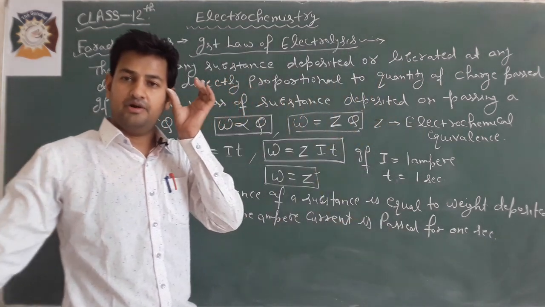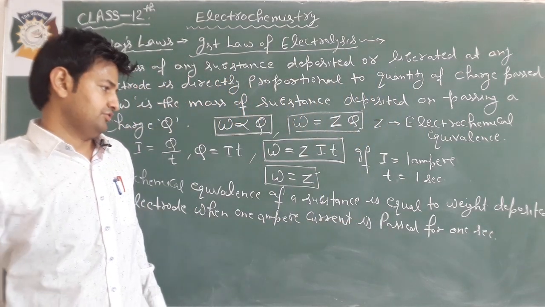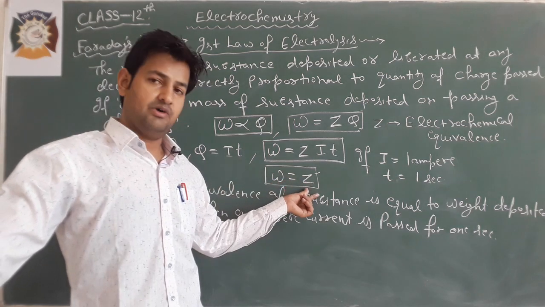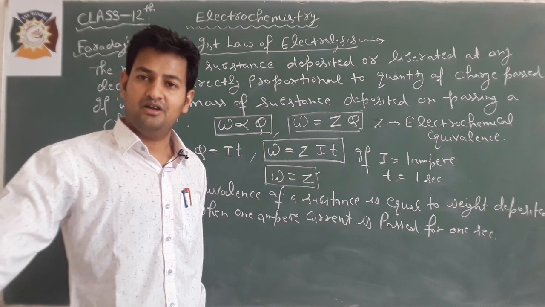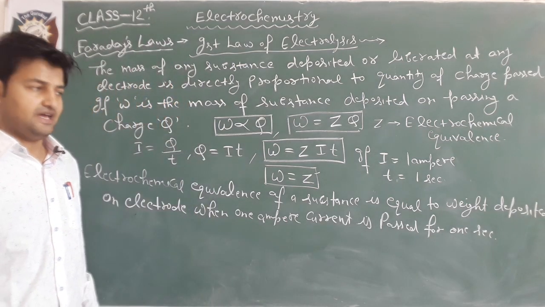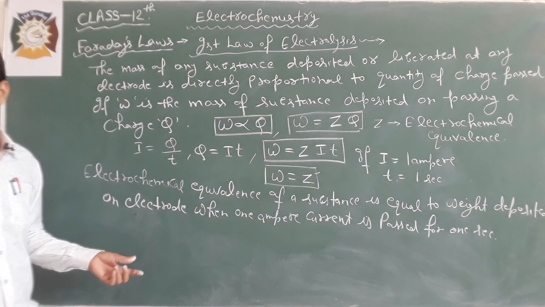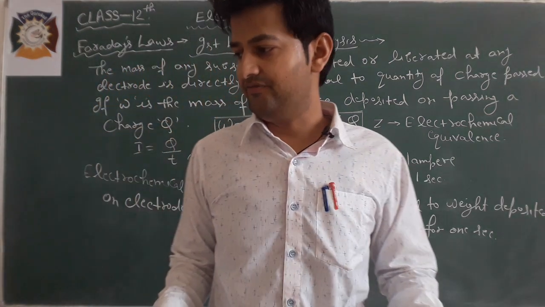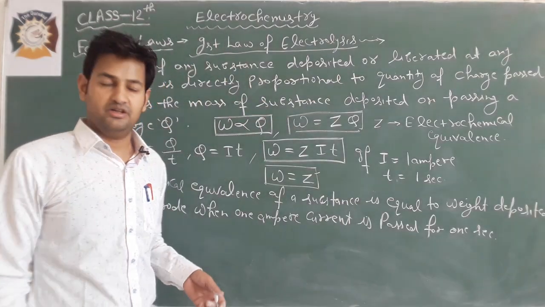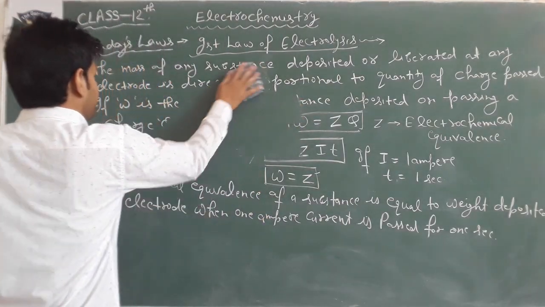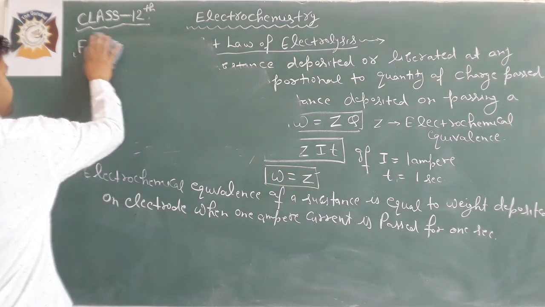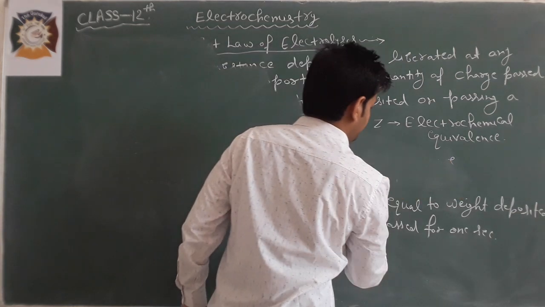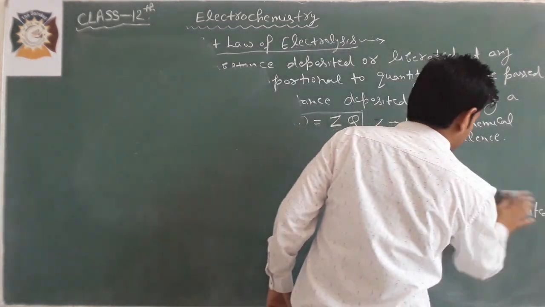So electrochemical equivalence will be equal to W is equal to Z, when the weight deposited is equal to electrochemical equivalence when a current of 1 ampere is passed for 1 second. This is our Faraday's first law of electrolysis. According to this law, weight deposited at any electrode is proportional to the charge passed through the electrolyte.